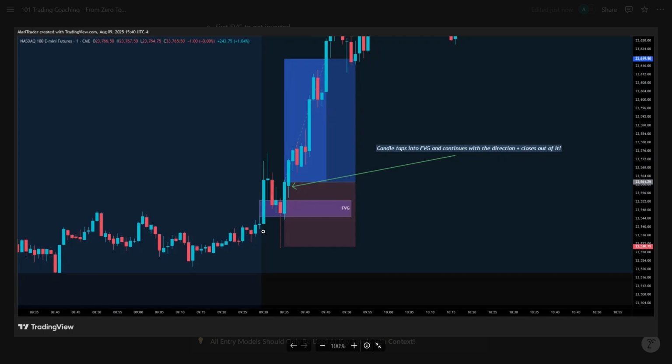So if it's a bullish key level, you wait for a bullish fair value gap, and then you wait for a retracement, and then a continuation of that move after retracing. Because you're at a bullish key level, obviously. If you're at a bearish key level, it would be the opposite. You would wait for a bearish fair value gap and then a retracement in respect of it.